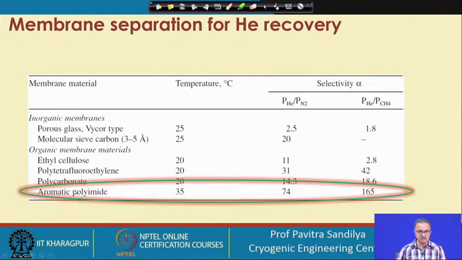We find that these aromatic polyimide based membranes give the highest selectivity of helium with respect to both nitrogen and methane. So this table may be used as a guideline to select the membrane.